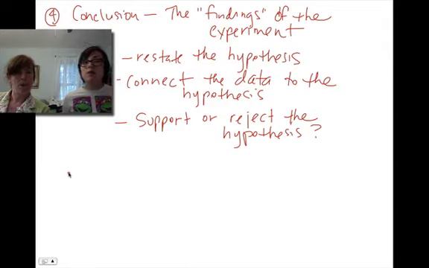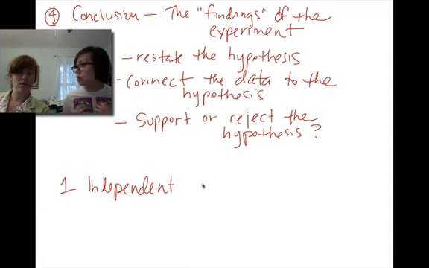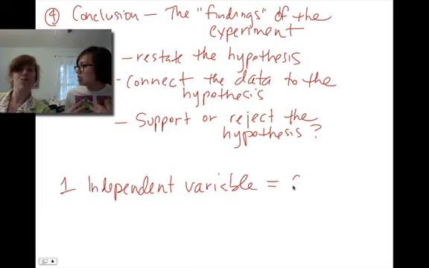So I think that we might need to add just one little addendum at the bottom of our screen here that Creasy just brought up, which is really important. When we talked about IVs and DVs, we never really mentioned, well, how many of them do you have? And we know that a DV, you can have tons of them, right? Because it's just your findings, the information that you're collecting. But in a really good experiment, we should only have one IV. Right. Because if we had anything more than just one thing that we're changing, if we actually saw a change, we wouldn't be able to figure out what caused it, because we changed more than one thing.